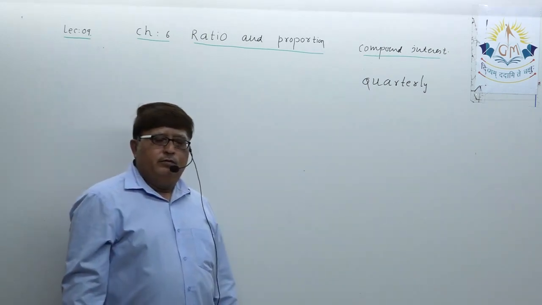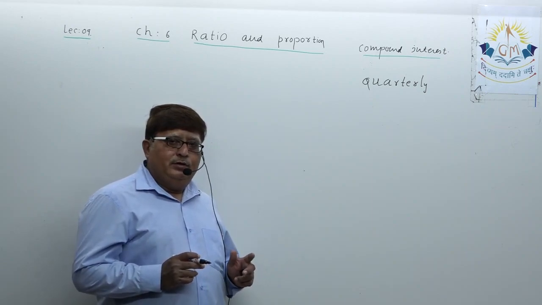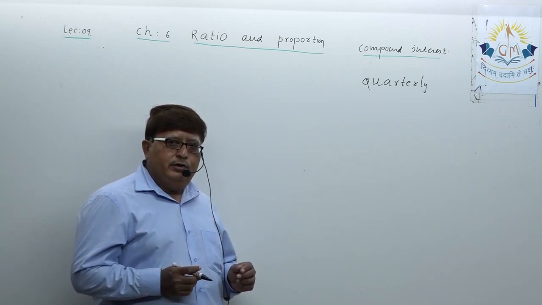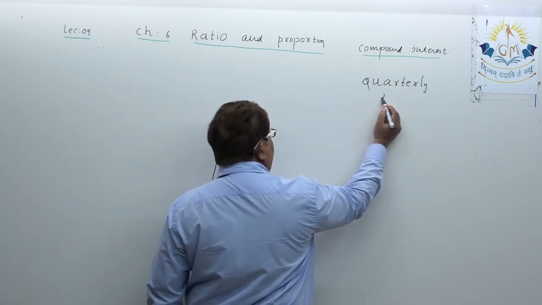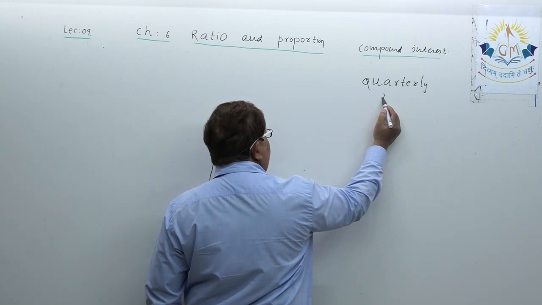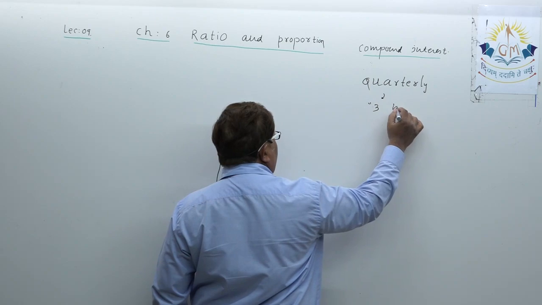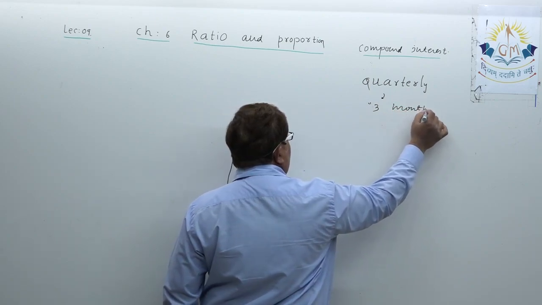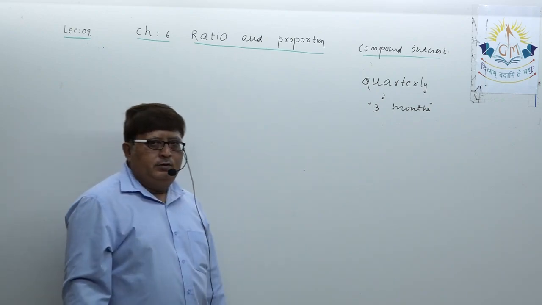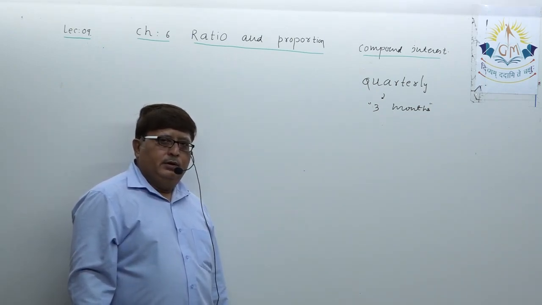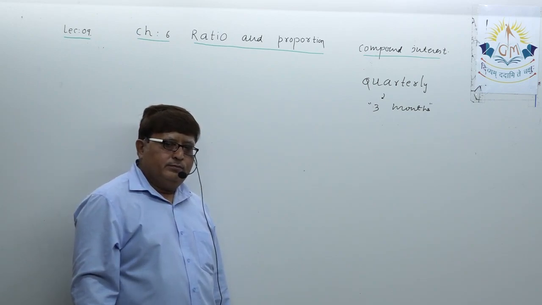You understood one thing, dear student. Quarterly means 1/4 of the year. Quarterly means the interest is to be counted at a regular interval of 3 months. You understood? That means 1/4 will always be of 3 months.